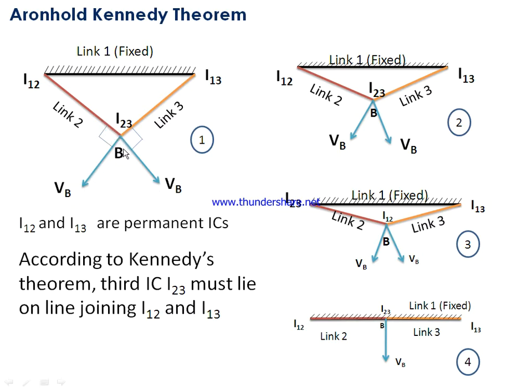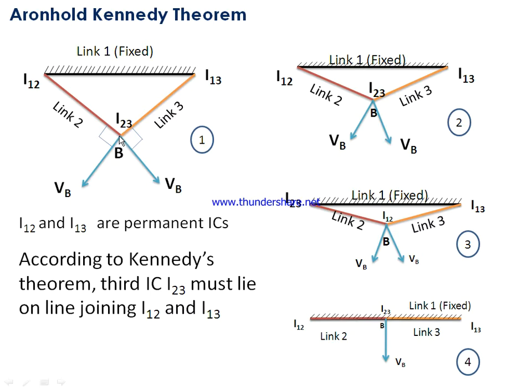Similarly, if you take point B on link 3, again it will have velocity perpendicular to link 3. So when you take point B on link 2, its velocity direction is perpendicular to link 2, and when you consider point B on link 3, its velocity direction is perpendicular to link 3. Now, very interesting situation.